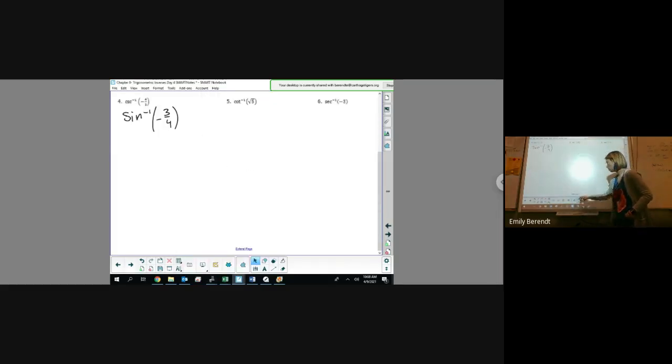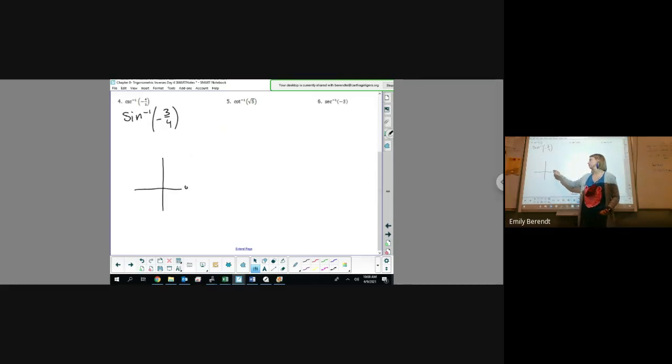If you recall your radian values, you've got 0 radians, 3.14 radians, 6.28 radians, pi over 2 is 1.57, and then 3 pi over 2 is 4.71 radians. So if it's reversing your sweep, you're going this direction into quadrant 4, and you're getting a negative angle back.